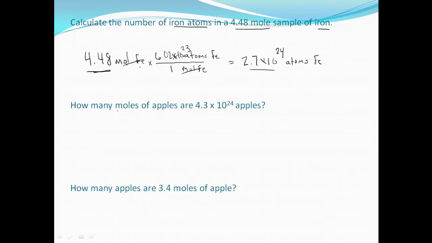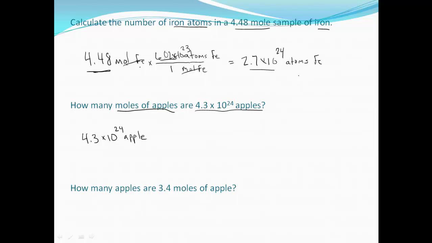We're going to calculate how many moles of apples there are in that many apples. So again, let's start with the number 4.3 times 10 to the 24th apples. And the point of this problem is that a mole is simply that number, 6.02 times 10 to the 23rd.